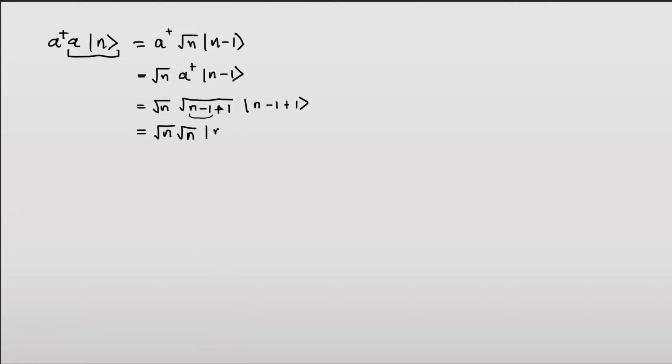And so this right here, this guy right here, this is what we call the number operator, right? So this right here is the number operator. So we could say that the number operator acting on state N looks like this, where we just bring out the value of N. So this is the energy level, right?